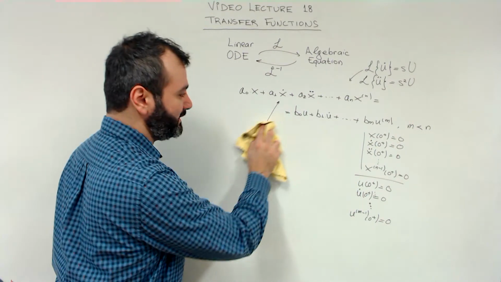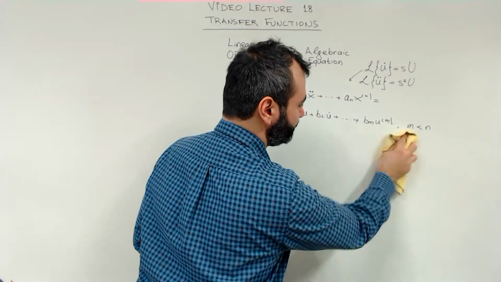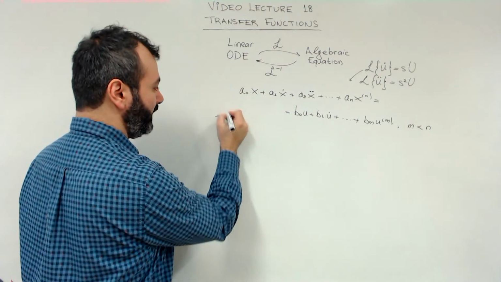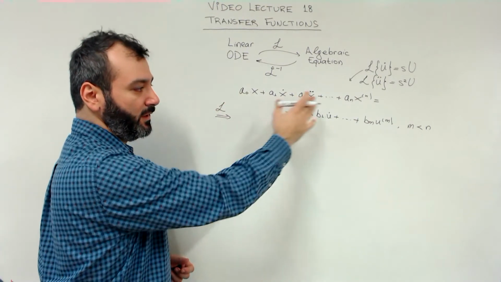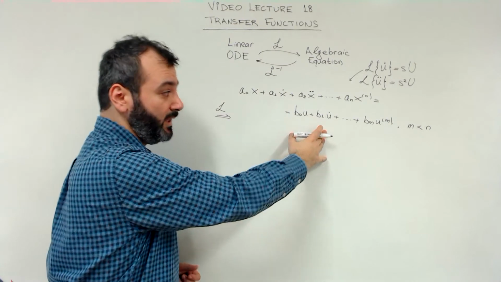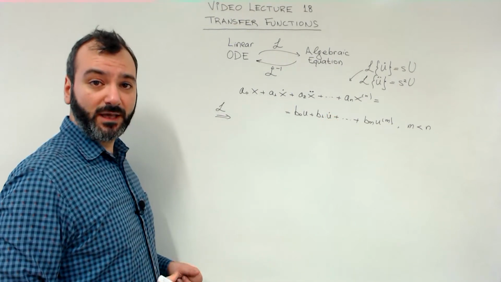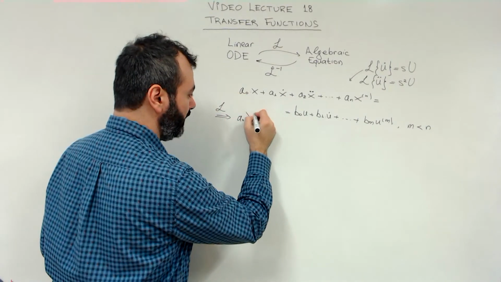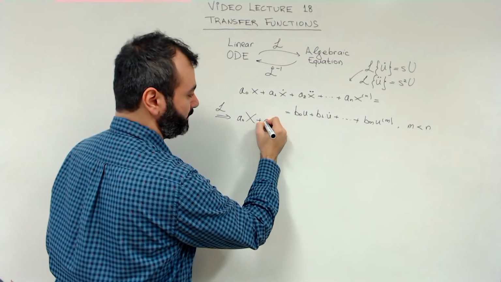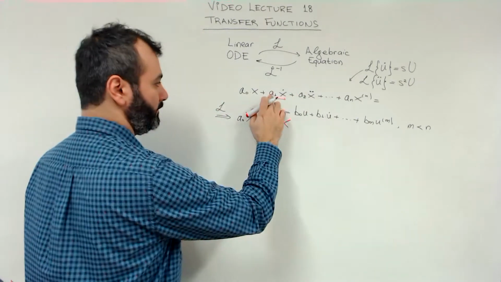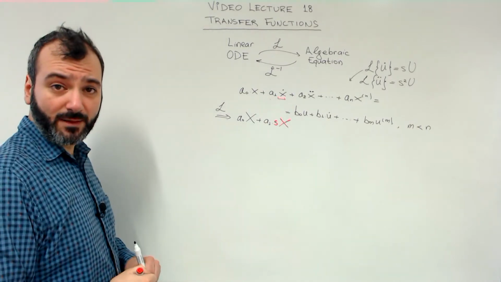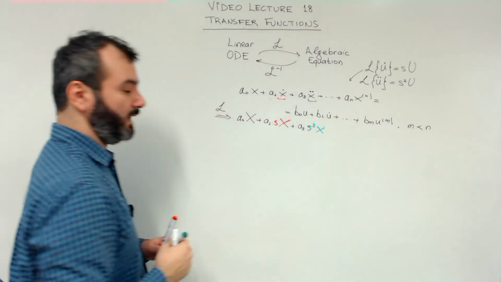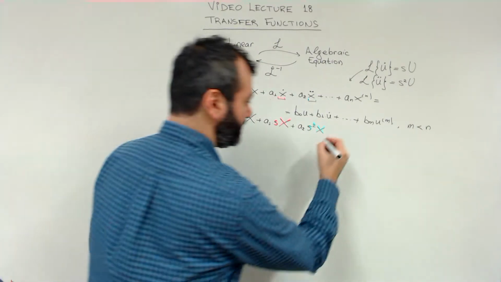So if we apply this rule now on all derivatives, we will have that by application of the Laplace transform on all terms of this equation and taking into account the assumption that we have 0 initial conditions, then we have a0 X uppercase plus, so x dot becomes s times X, x double dot becomes s squared X, and so on.